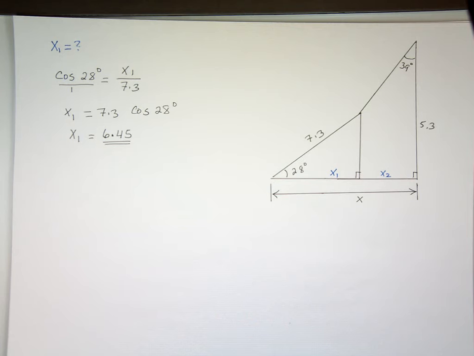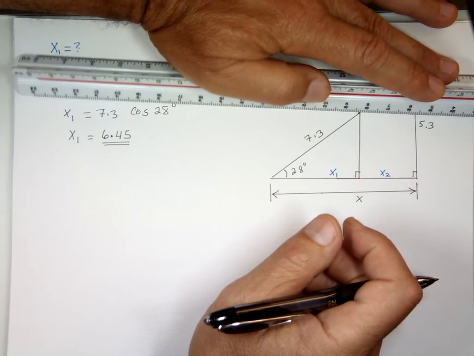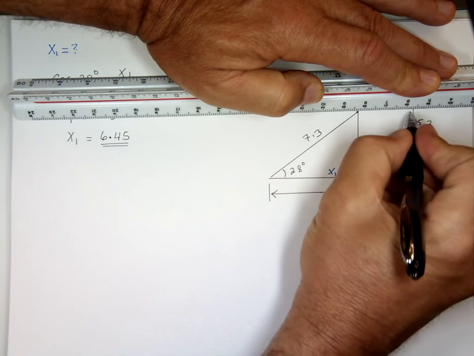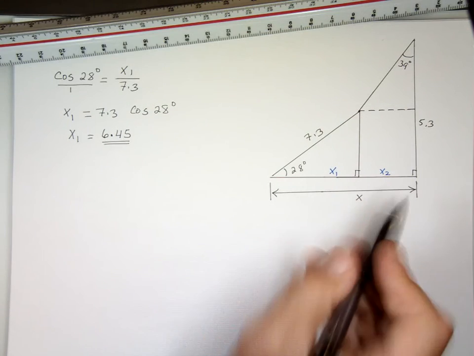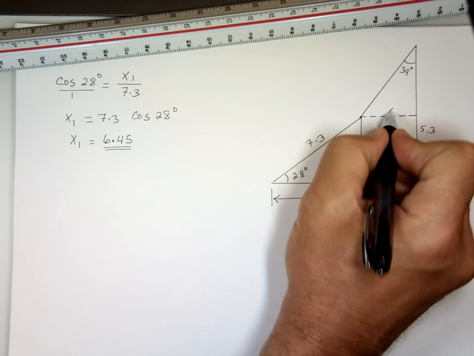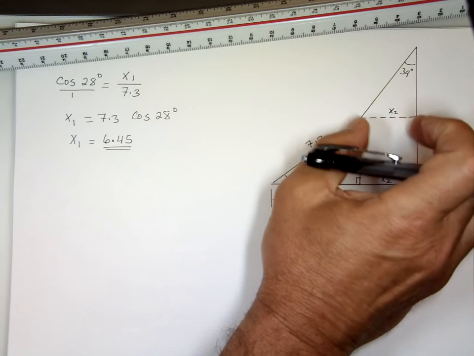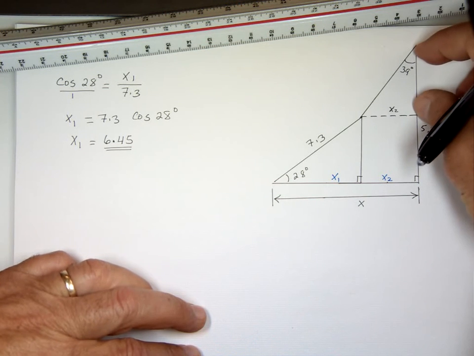Well, let me draw a dotted line here. Isn't this distance the same as this? So if I can calculate that distance, I know this one, and I'm done with it. But I got a problem. I have no idea what this side is, and I don't know what that side is.